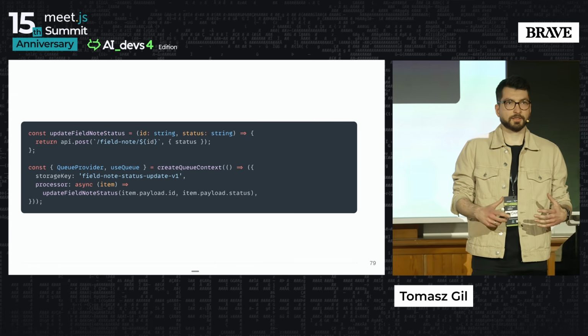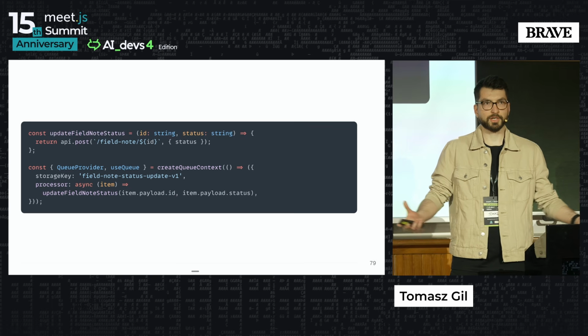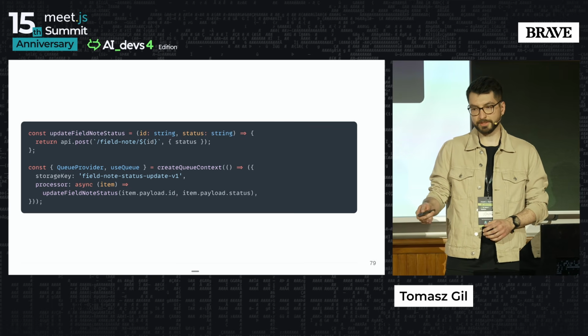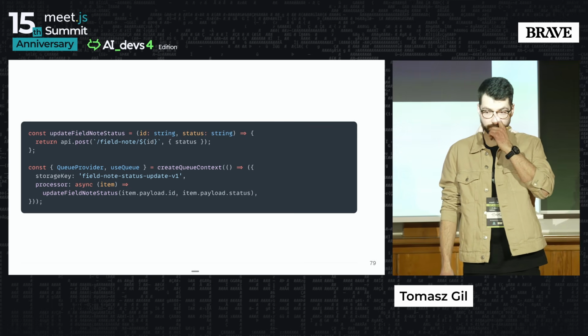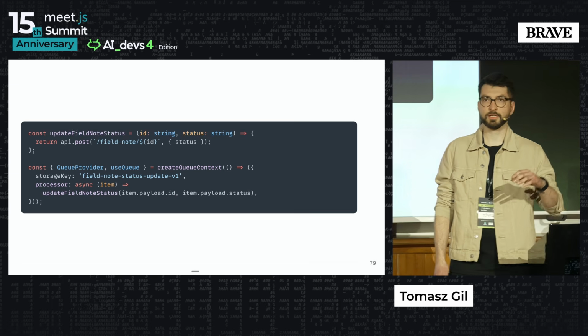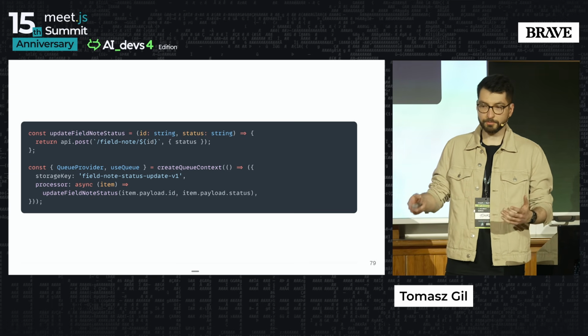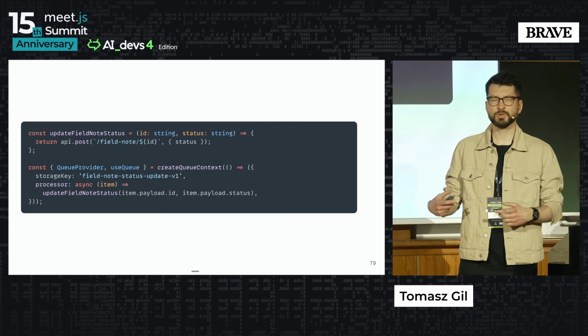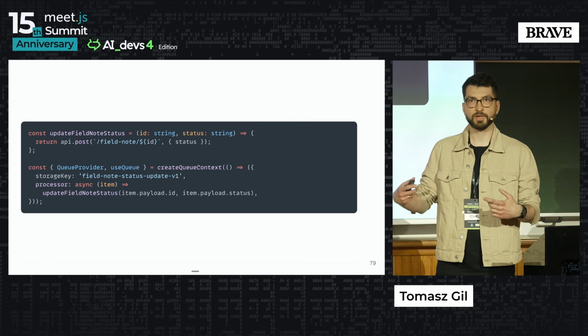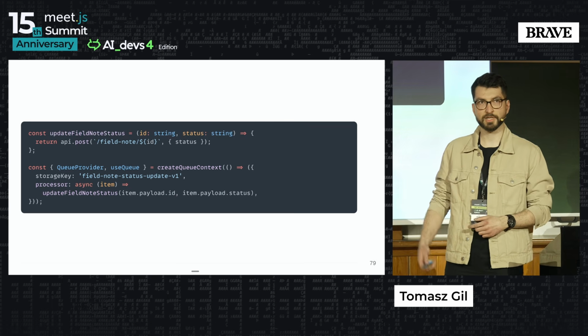We provide a single instance of that queue to the entire React tree using a provider pattern. And here is where the processor function comes in. Like I mentioned, during sync, we take each item and process it. And by processing, in our case, we just call the correct API endpoint to change the status.